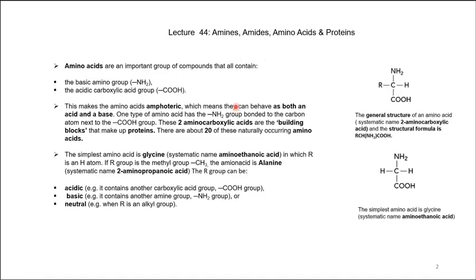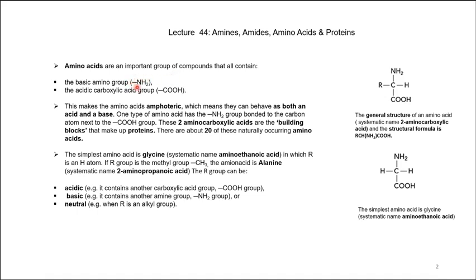This slide we discussed in lecture 44, but it needed to be discussed a little bit more, and therefore I'm taking the last slide of lecture number 44 too. When we talk about amino acids, it's an important group of compounds that contain two functional groups.